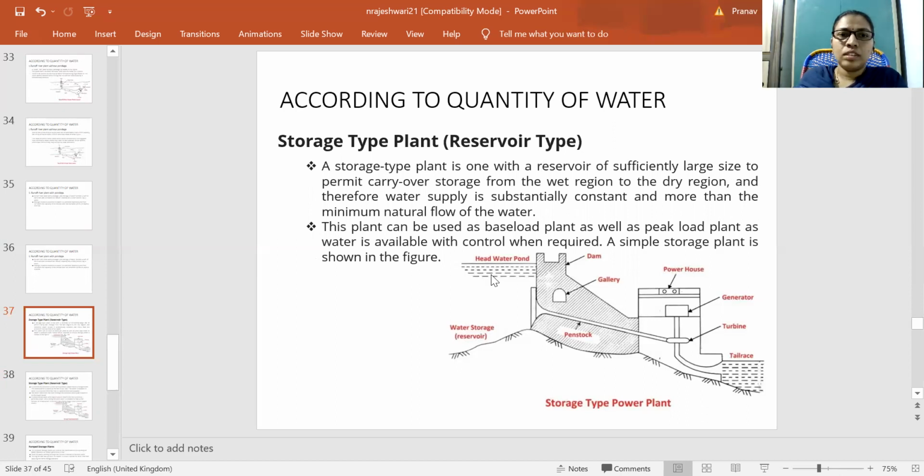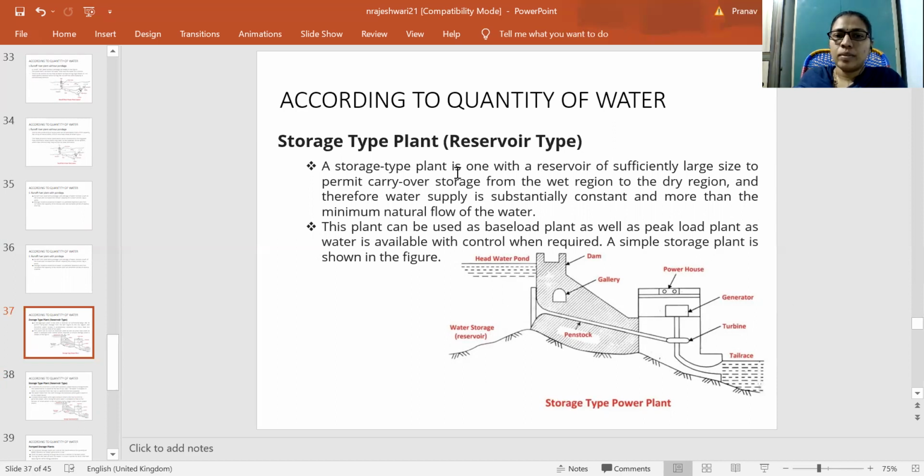And coming to the storage type of plant, that is the reservoir type. So this is the reservoir type power plant, with headwater pond, and the rest is the same as above: powerhouse, turbine, the tailrace, and generators.